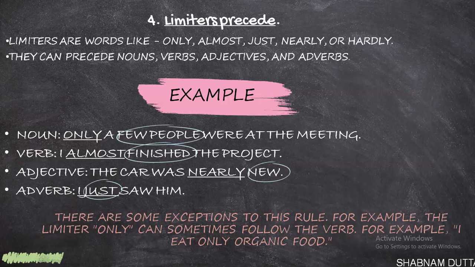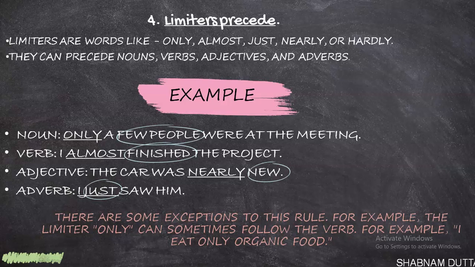And then in the sentence, I just saw him, just is acting both as the limiter and the adverb. However, there are still some exceptions to this rule. For example, the limiter only can sometimes follow the verb, like in the sentence, I eat only organic food. Got it?